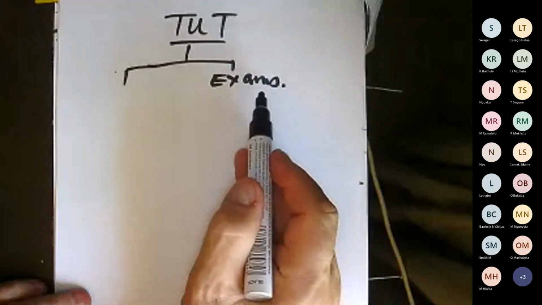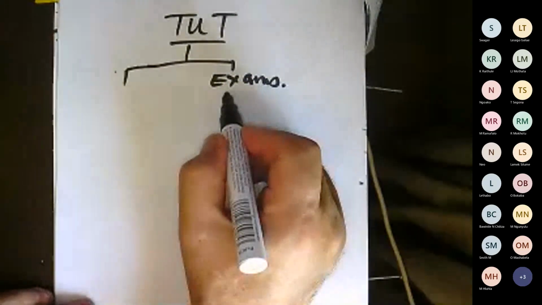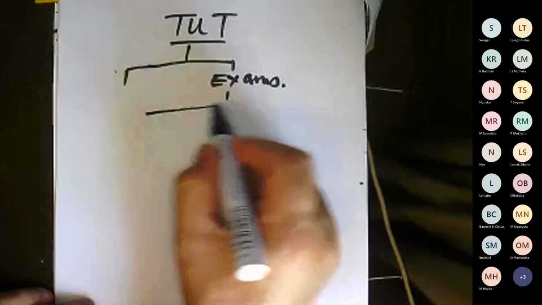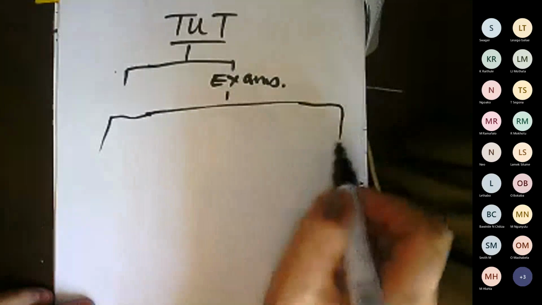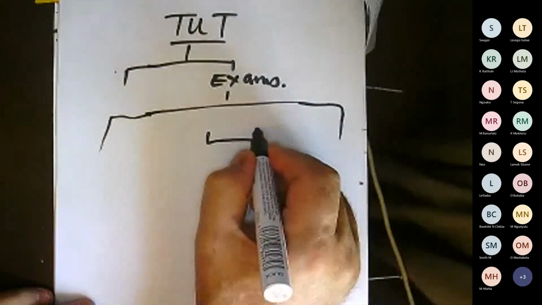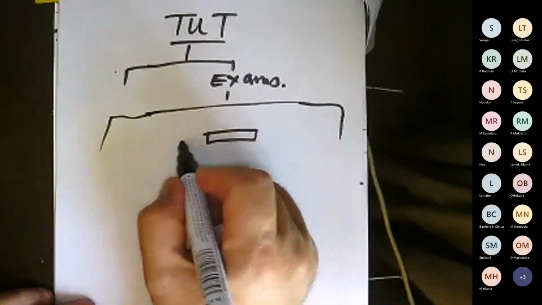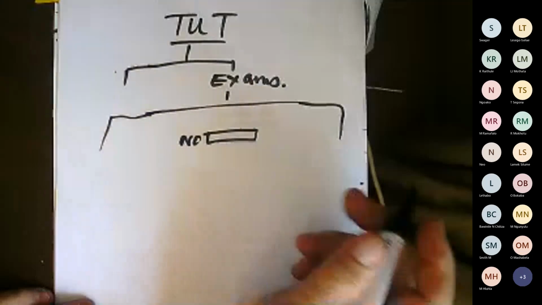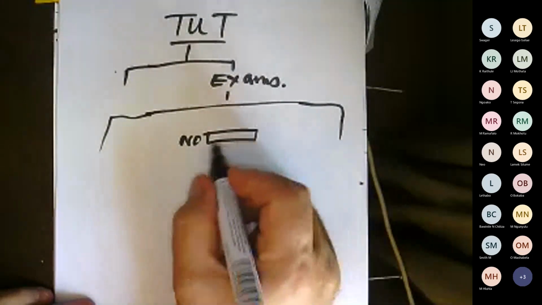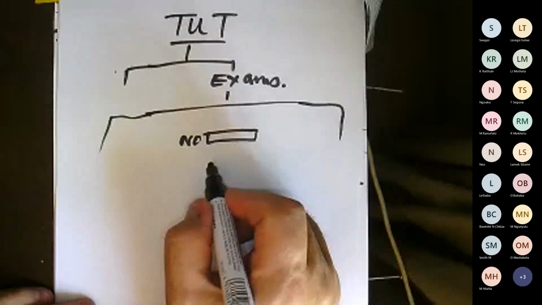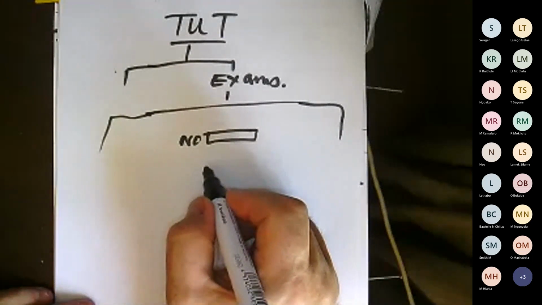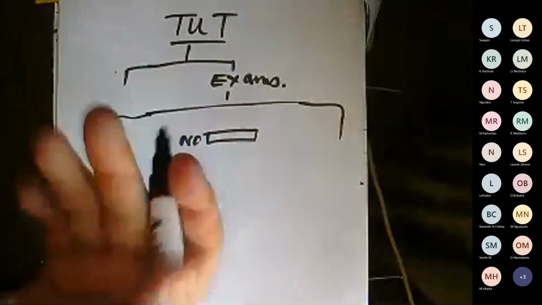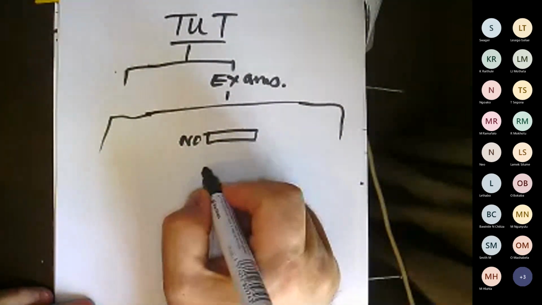The exams page on the TUT website. So under exams there's a lot of stuff there. But basically on that exams page there's a little thing that asks for your student number. You put your student number in there. And then the next block, after you've done that, will ask you what subject. So the subject you put into the next block is the subject code. You can do it by subject or by subject code.